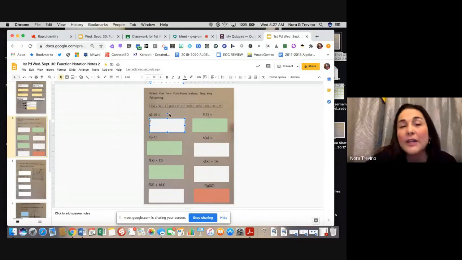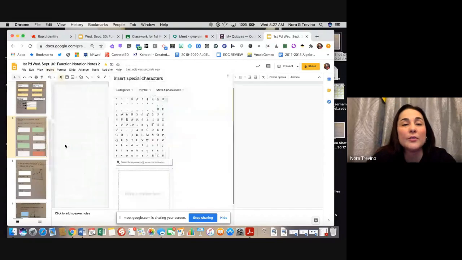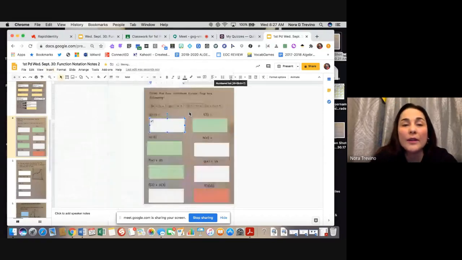So now it's going to look like this. X, let me make this bigger. X, and then I need the little squared. Insert, special characters. It should be there already. Squared. So X squared plus 7. I am going to take my input, the 10, and plug it in for the X. So I'm going to go 10, and then I need the little square.